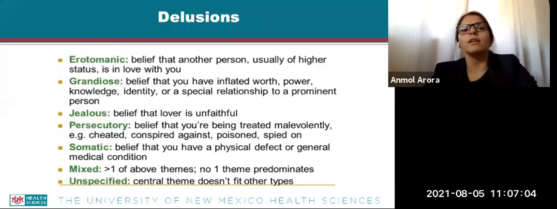Somatic delusions are ones where people can have a perception of physical changes. It can generally be associated with a medical condition, but we may not have any evidence of the reason for why they're feeling a certain sort of physical anomaly. And mixed delusions typically include one or more of the above that we just discussed.